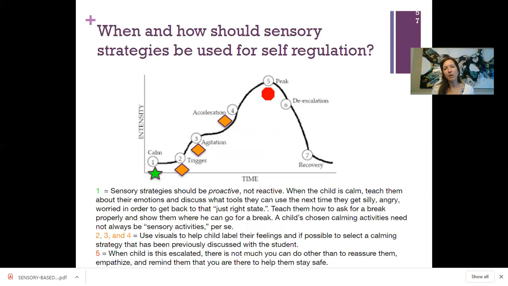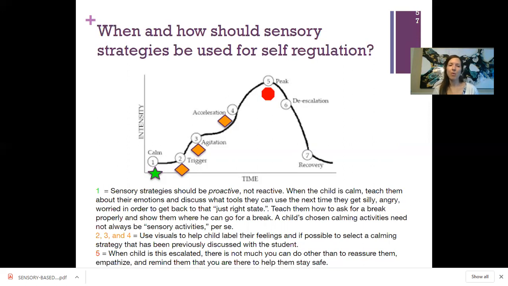This little chart represents a kiddo who starts calm, then gets triggered by something, has a big tantrum or meltdown, and then recovers. That's what the curve represents. The time to teach self-regulation and the time to use sensory strategies is when the child is calm.